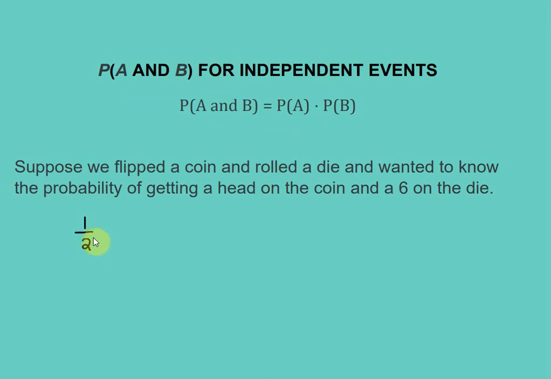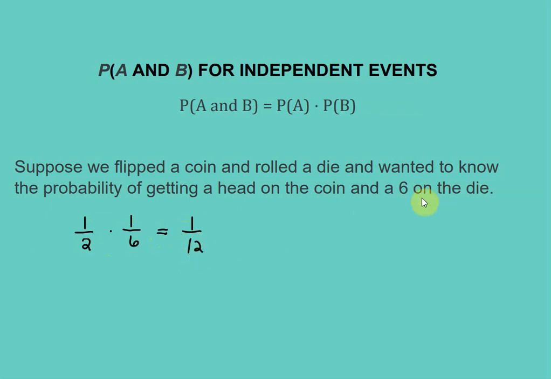So the probability is 1 out of 2. The probability of rolling a 6 on a die is, there's only 1 six on a 6-sided die, and there are 6 sides. So we just take these two probabilities and multiply them together, and we get 1 out of 12.